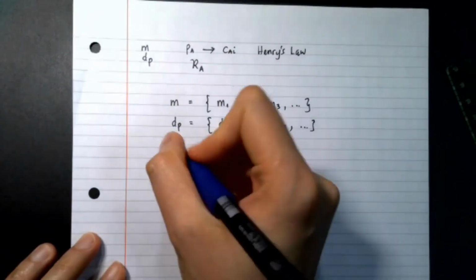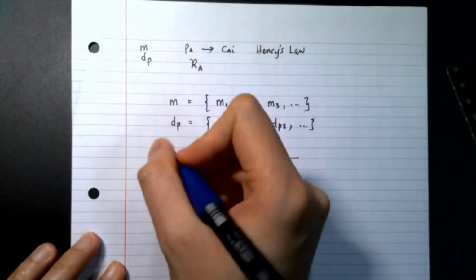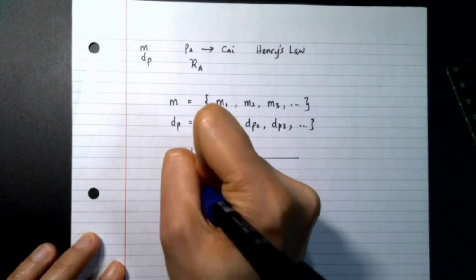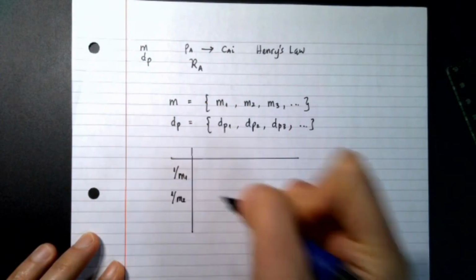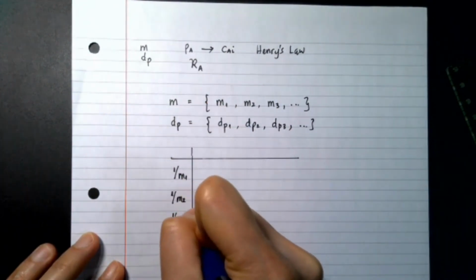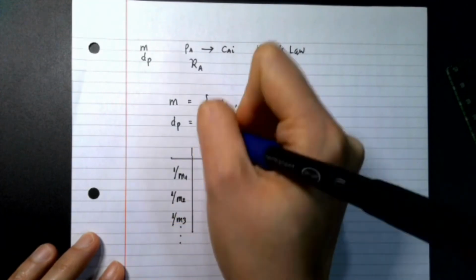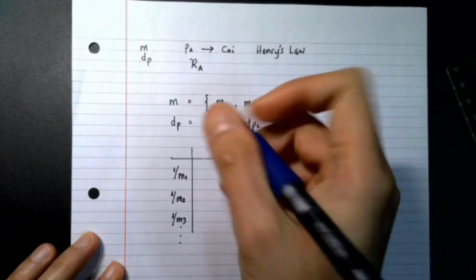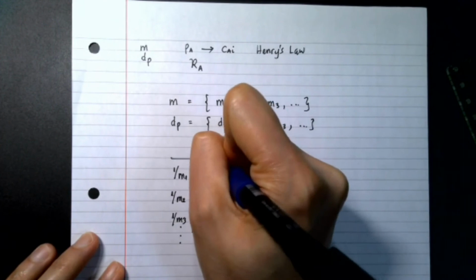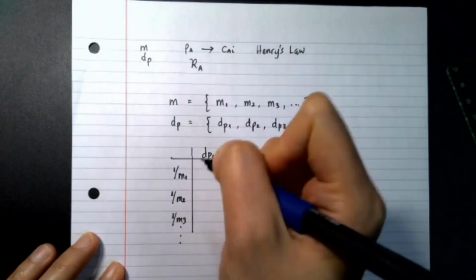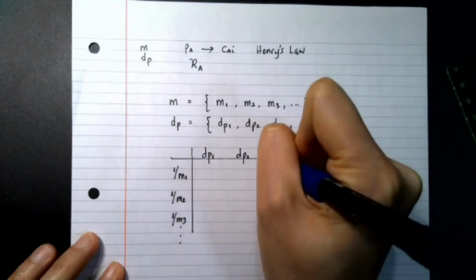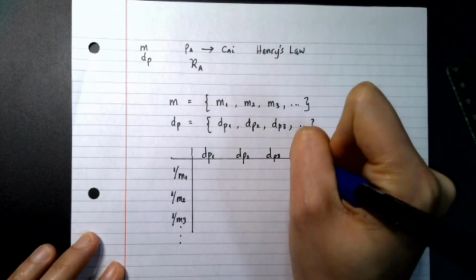So here, just get the inverse of your catalyst loading: 1 over M1, 1 over M2, 1 over M3, and so on. And then here, for the columns, we have DP1, particle size 1, DP2, DP3, and so on.